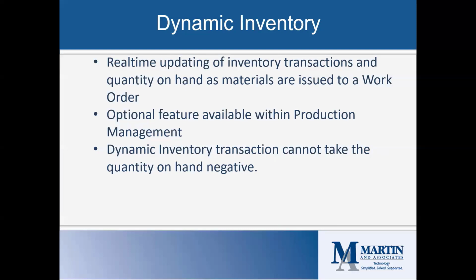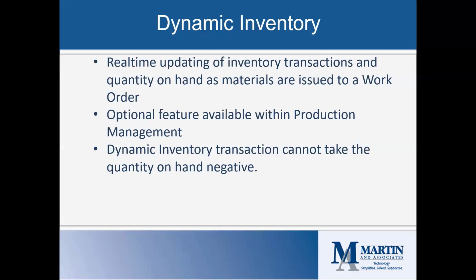So in the way work order works now, you have to basically process a transaction where you assign or you issue the inventory to a work order. That is not reflected in inventory until you run the appropriate register and work order and post and update that.